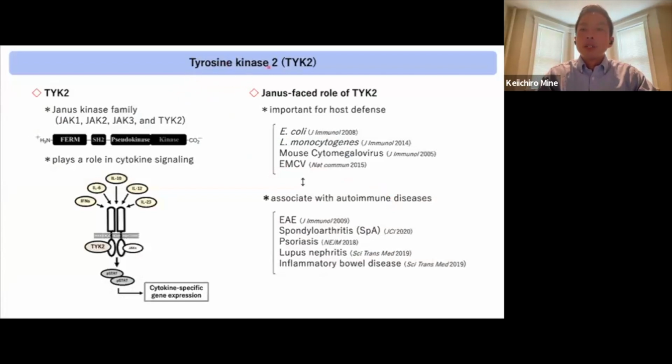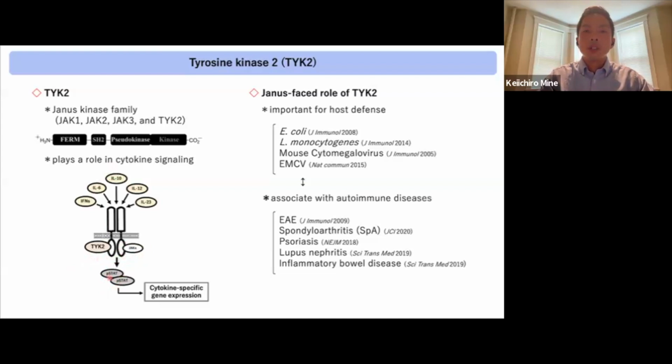Tyrosine kinase 2, TYK2, belongs to the Janus kinase family and plays a role in cytokine signaling, including type 1 interferons, IL-10 and IL-12. When these cytokines bind to the cell surface receptors, TYK2 is activated, phosphorylates the intracellular tail of the cytokine receptors, and recruits STATs in concert with other JAKs.